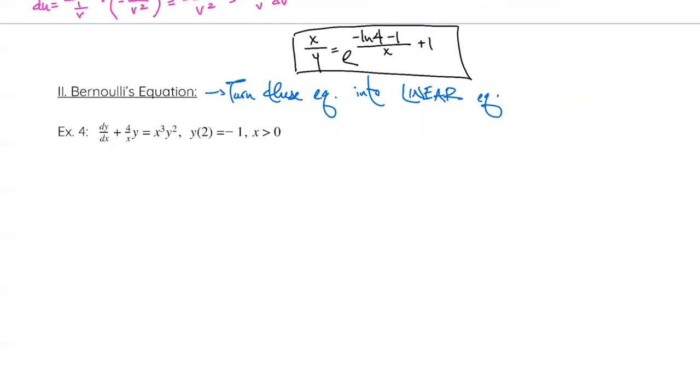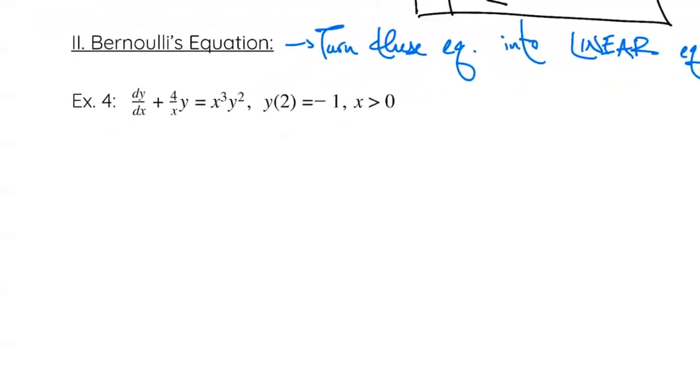All right, so that is going to be our goal from today. We'll not only get a chance to practice substitutions, but we'll also get a chance to review the linear equation solving methods from last week. Okay, so without further ado, let's jump into these examples and let's talk about what makes it a Bernoulli's equation.